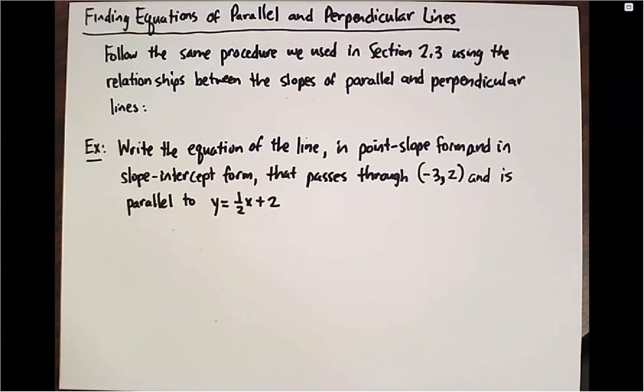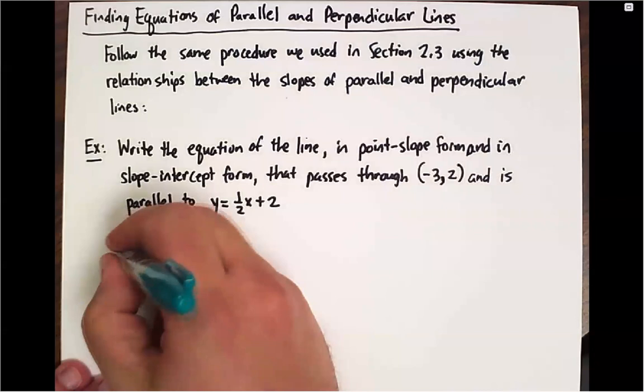And then they're going to give us a point that it passes through. When you've got the slope and the point, then you get the equation. So for instance, if I ask you to write the equation of the line in point slope form and in slope intercept form that passes through the point (-3, 2) and is parallel to the line that has the equation y equals 1/2 x plus 2.